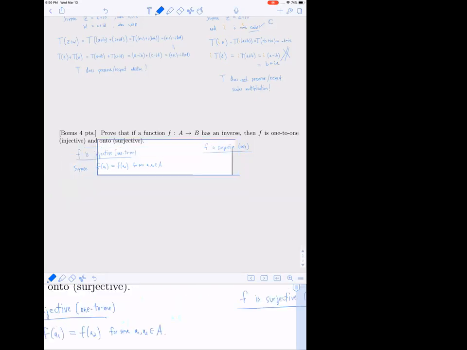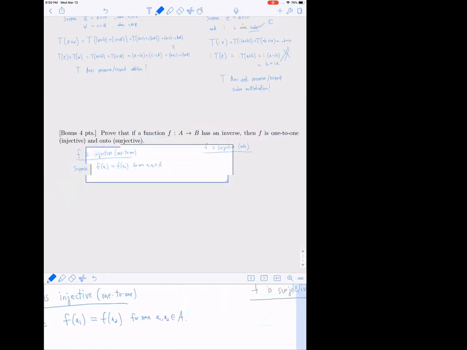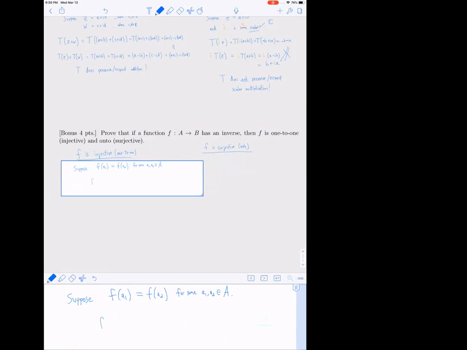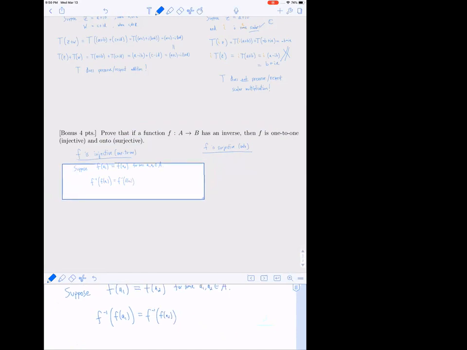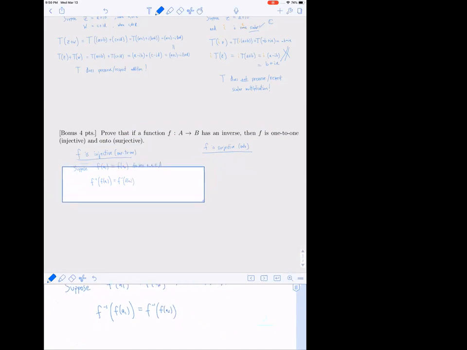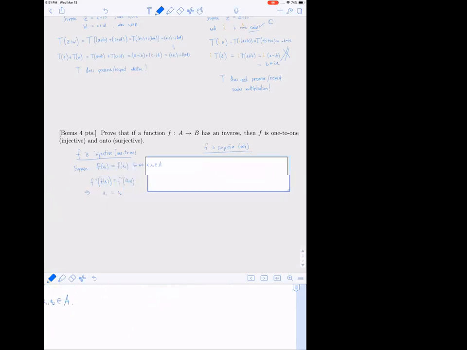But because we know that f has an inverse, we can apply the inverse to each side of this equation. And by the definition of an inverse, f inverse of f of a1 will just be a1. f inverse of f of a2 will just be a2. And so this implies that a1 must equal a2. So yes, f is injective.